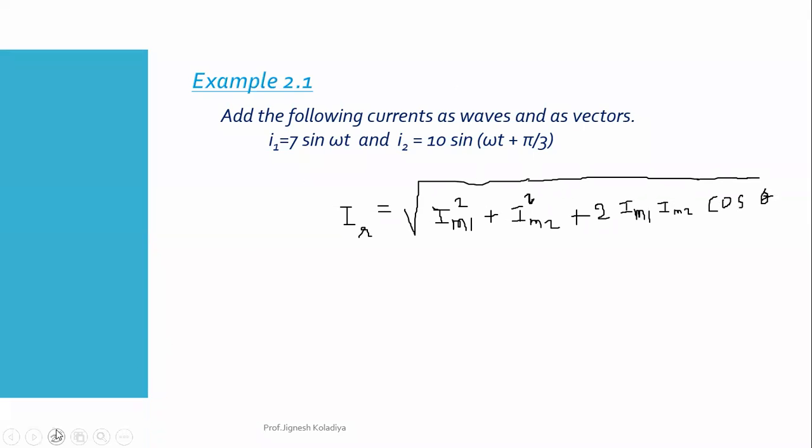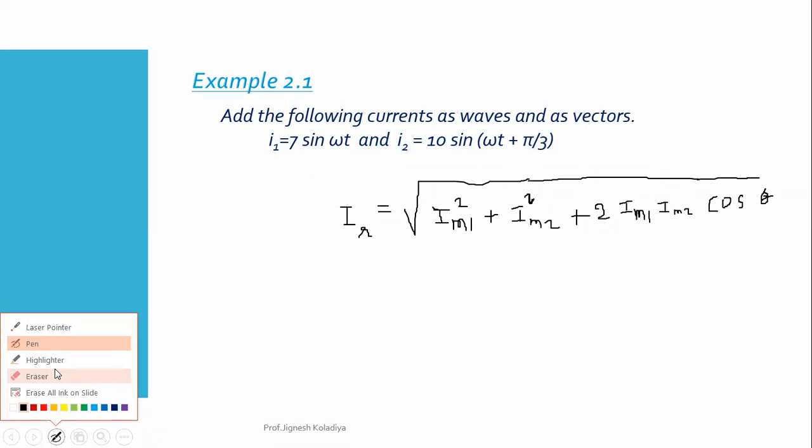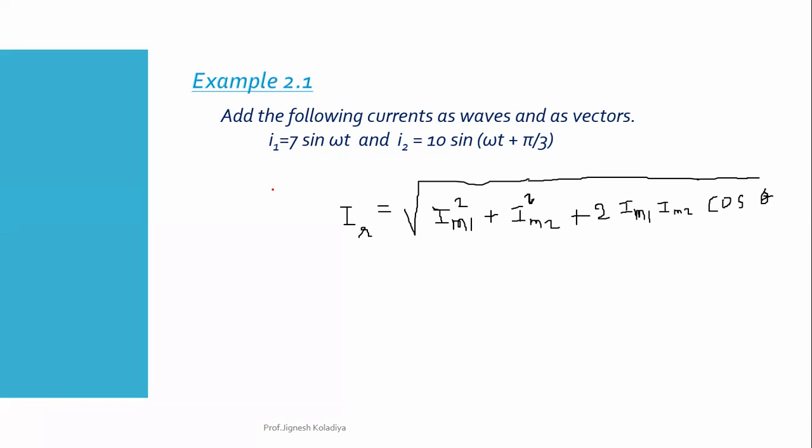Im1 means what? Amplitude of the first vector, which is 7. So you can write 7 square over here.